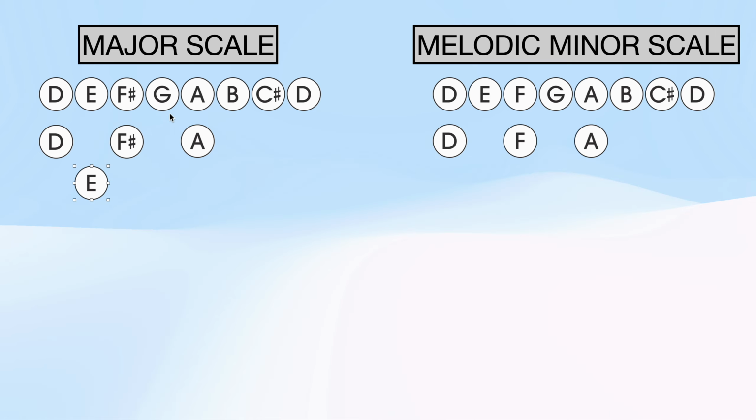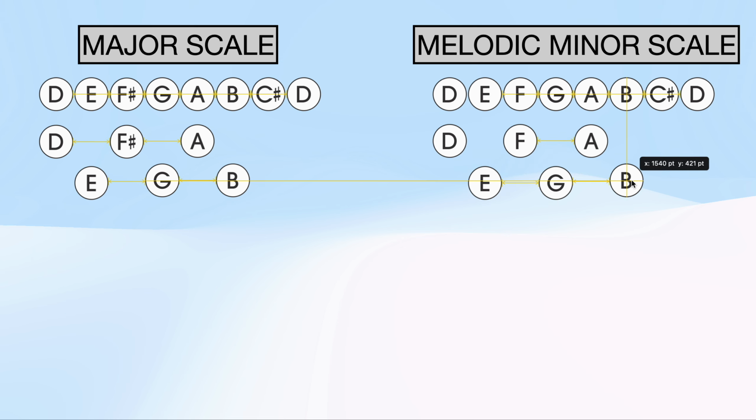But if we look at the next note, because there's only one note difference, we see that the E, G, B is produced in both scales. So each scale has the minor.